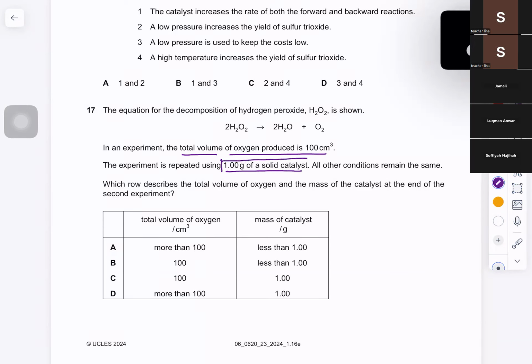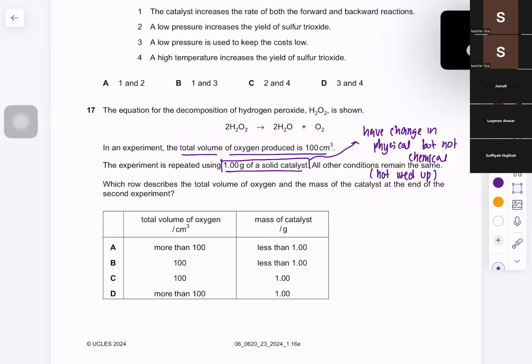If you use a catalyst, remember the catalyst will have a change in physical but not chemical. So it means that it will not be used up. So the mass of the catalyst cannot be less than 1. It must be 1 only.